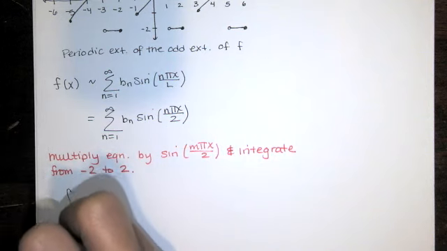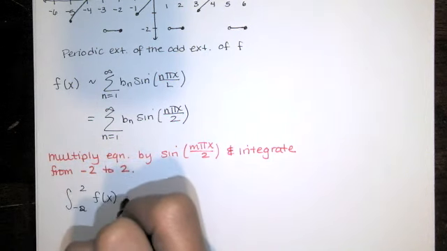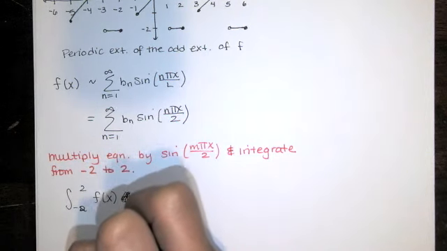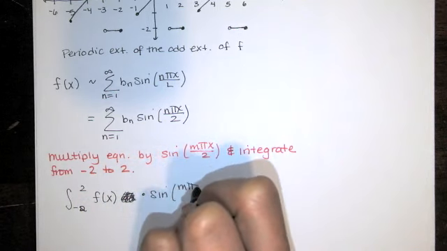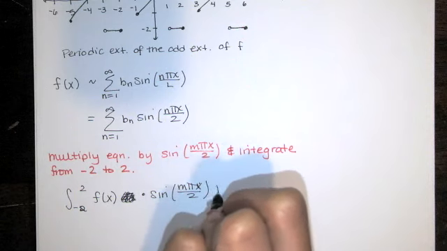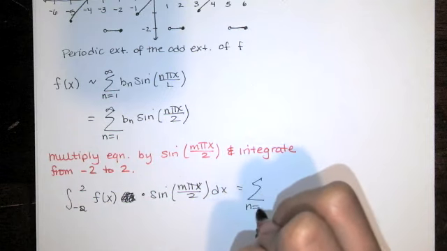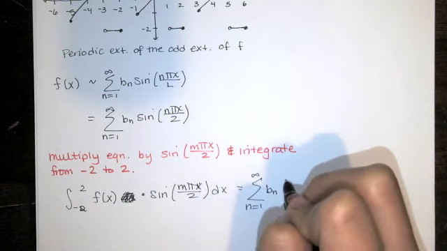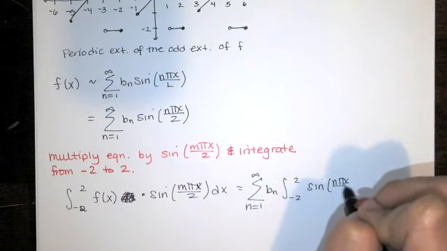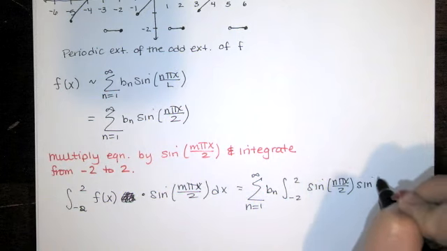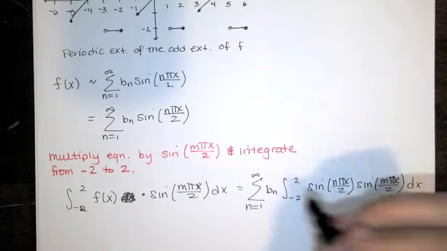So on the left-hand side, we'll have the integral from negative 2 to 2 of f of x times sine of m pi x over 2 equals the sum, as n goes from 1 to infinity, of b sub n times the integral from negative 2 to 2 of sine of n pi x over 2 times sine of m pi x over 2. You've got the two sine functions.